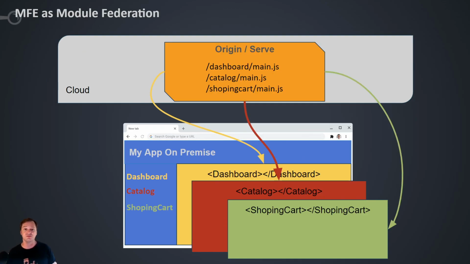Another option is micro-frontend as module federation. Basically, Webpack module federation and also Vite can help you combine and wrap your domain, that you want to be served as a standalone micro-frontend.